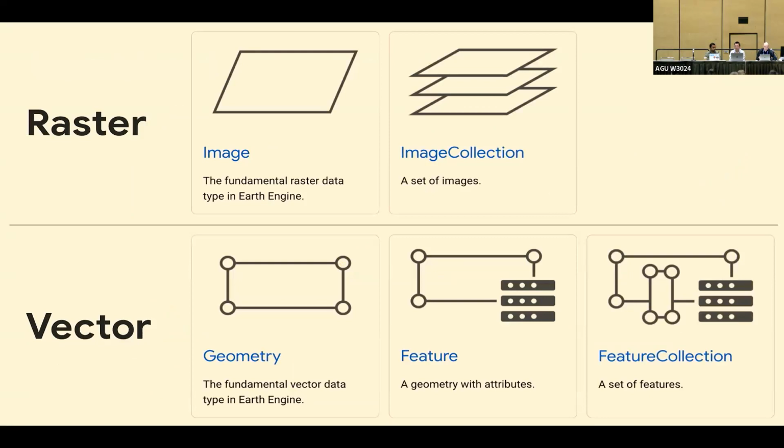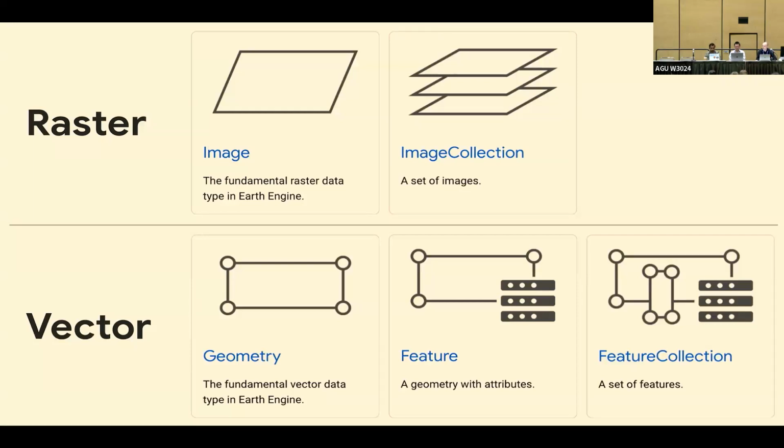So the two big materials that we have to work with are raster and vector data. And this is ubiquitous data if you're working in the geospatial field. And the way that we have raster data described in Earth Engine is as an image object, and that is a grid of pixels.